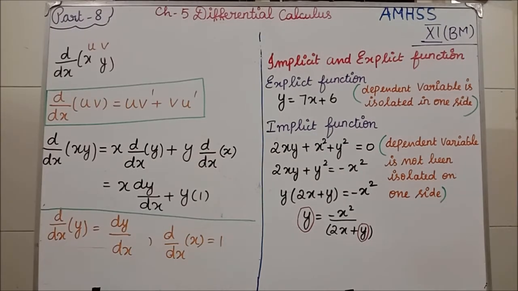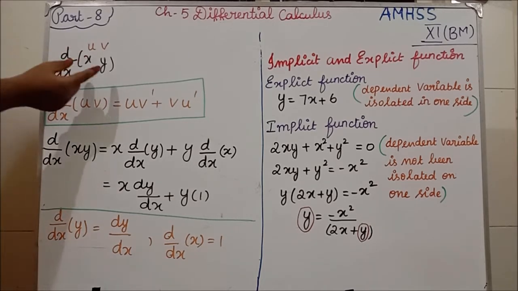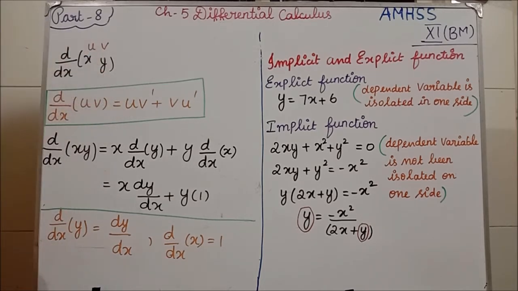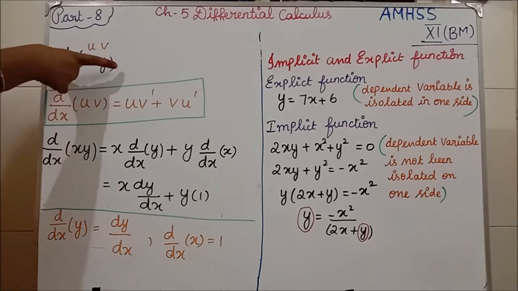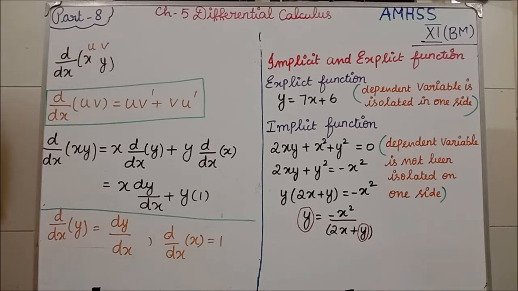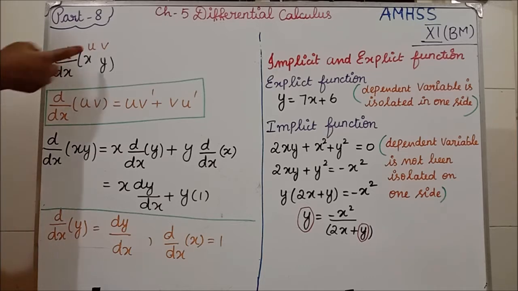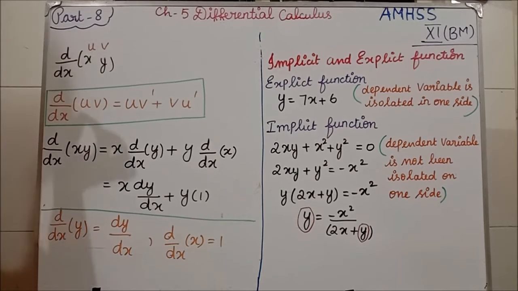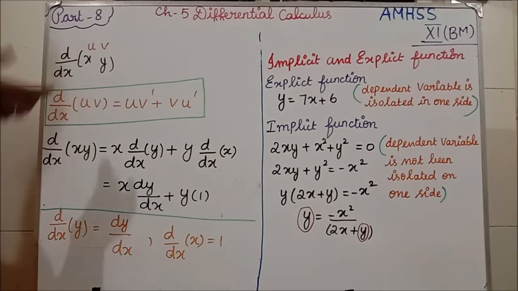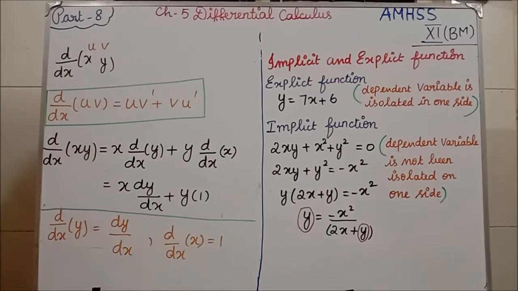See this example, d by dx of xy. Most of the problems we will face are of this type. If they ask to differentiate xy with respect to x, then x and y are both variables; exercise 5.6 is fully of implicit functions.